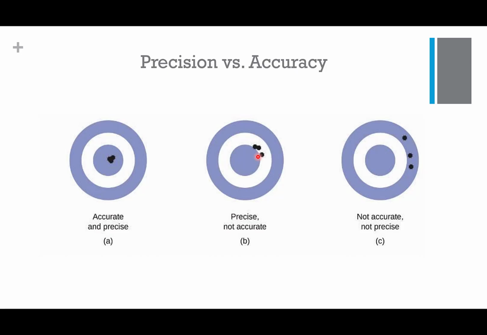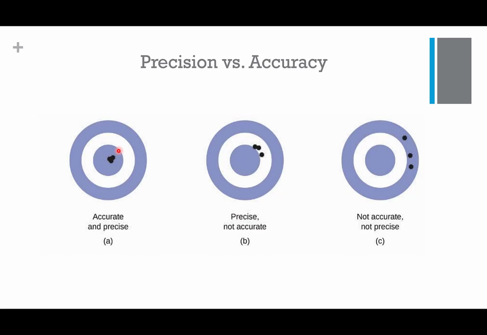They have a small spread. So they hit the exact same spot over and over again. It's just not the right spot. But they were able to reproduce their results, so that's good. On this third one, we see somebody that is not accurate and not precise. So they hit all over the place and nowhere near the target. So we certainly want to shoot for this first one.